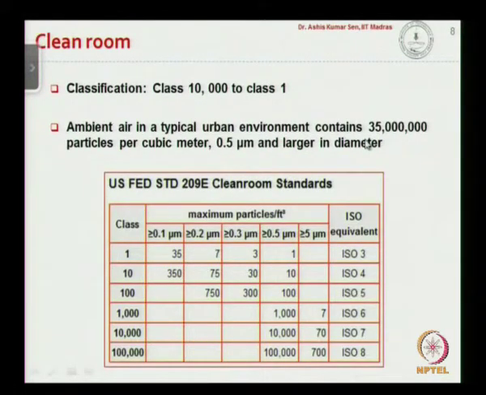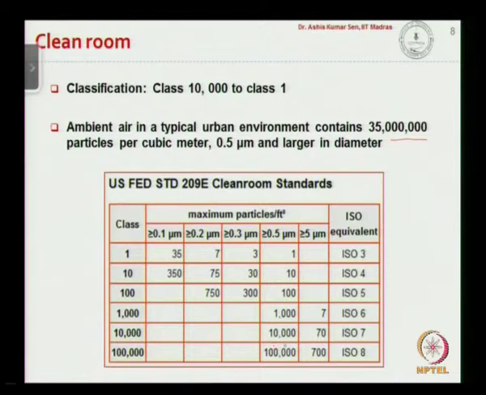Clean rooms are classified from class 10,000 to class 1, depending on how good we are at taking out the airborne particles or contaminants from the environment. A typical urban environment will contain about 35 million particles per cubic meter, and here in the table we see the clean room standards, class 100,000 to class 1.